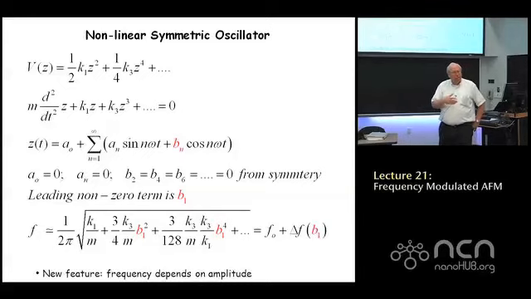But there are additional terms that describe the frequency of oscillation, and those additional terms are related to this coefficient B1. And so you can write that the frequency of this oscillator shifts from the frequency F naught plus a term delta F that now depends on the amplitude of oscillation of the cantilever.